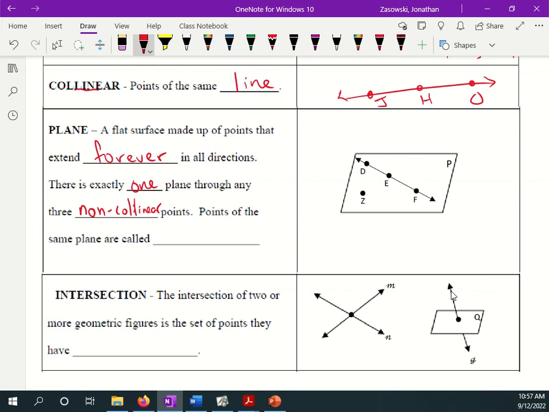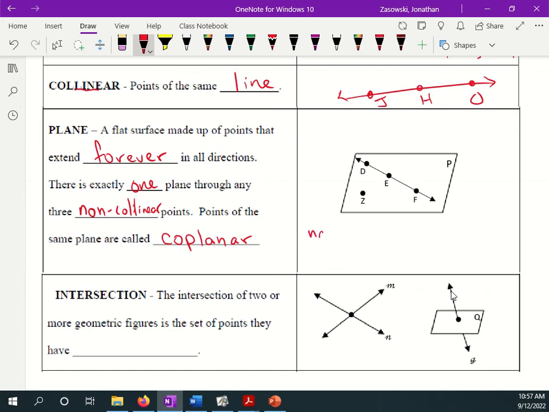Points on the same plane are called, instead of linear, planar. Right? Coplanar.